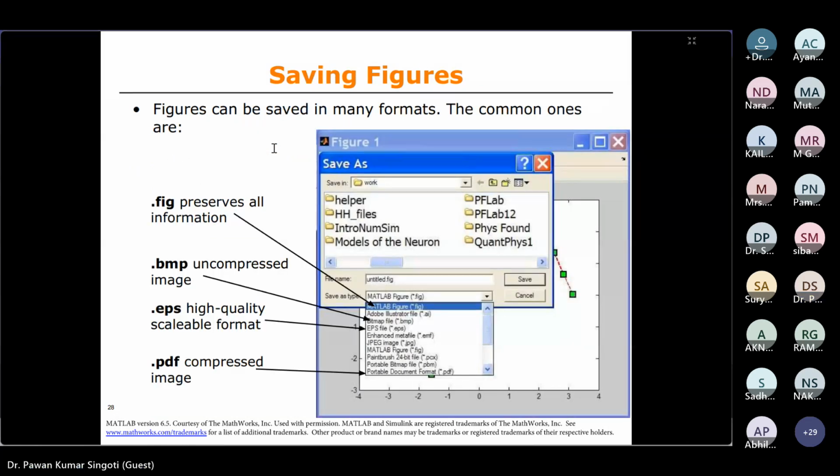So when we are saving the figure, it will show us the different figure formats. A figure can be saved in many formats. The common ones are .fig, .bmp, .pdf. So all the figure options will be shown over here when you click on save as the figure.